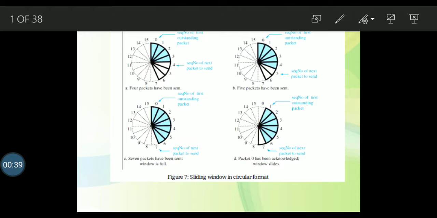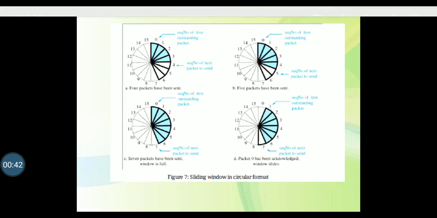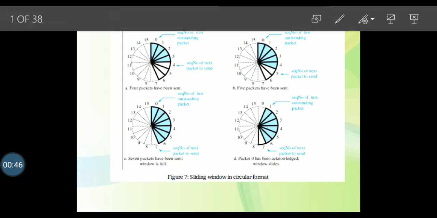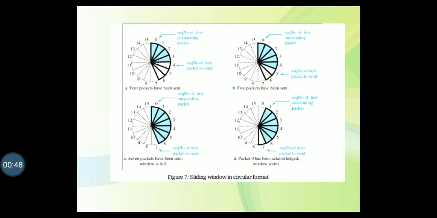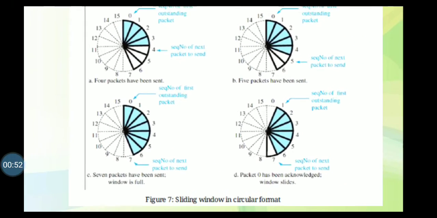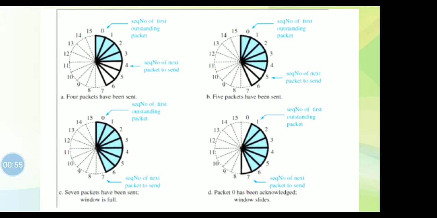Okay, so you can see in this diagram 4 packets have been sent. So the sequence number of the first outstanding packet, then the sequence number of the next packet to send.